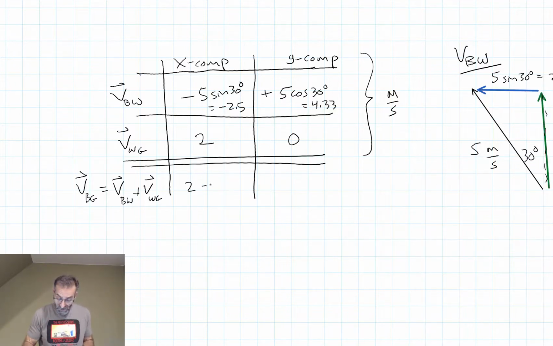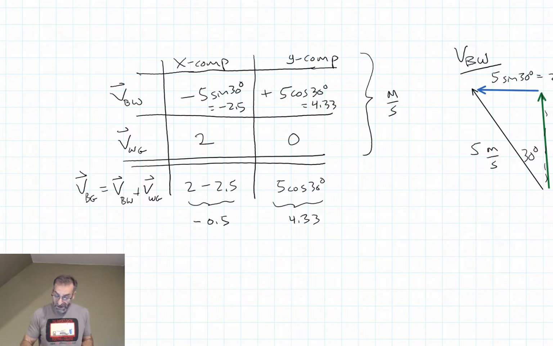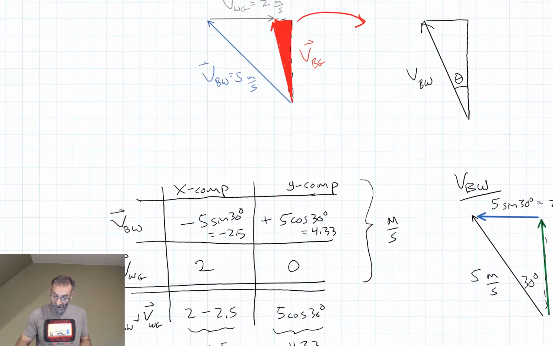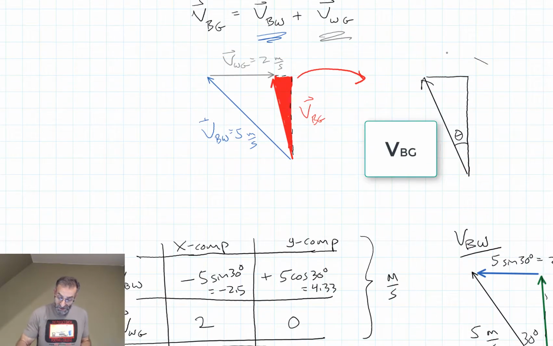I have 2 minus 2.5, negative 0.5 in the x direction, and I've got 5 cosine 30 degrees gives me 4.33 in the y direction. And so I know what these components are of my resultant vector. So let's go back and look at that. That's this resultant vector.